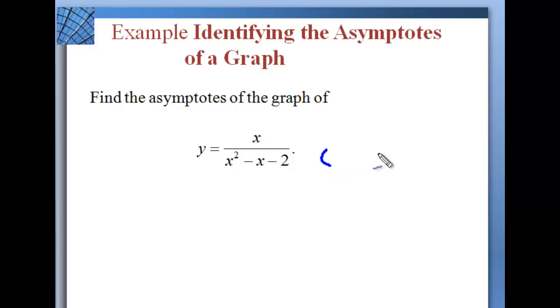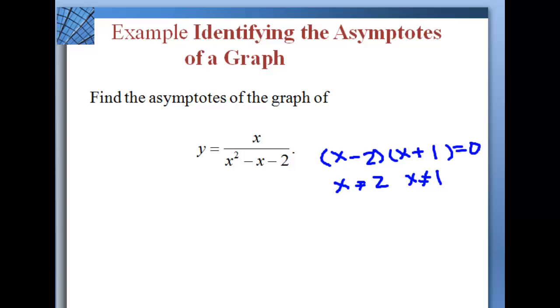So we have x and x, factors of 2, 2 and 1. When that's equal to 0, our graph is undefined. So x cannot be equal to 2, and x cannot be equal to negative 1. Those are going to be vertical asymptotes, and the graph will never touch those.